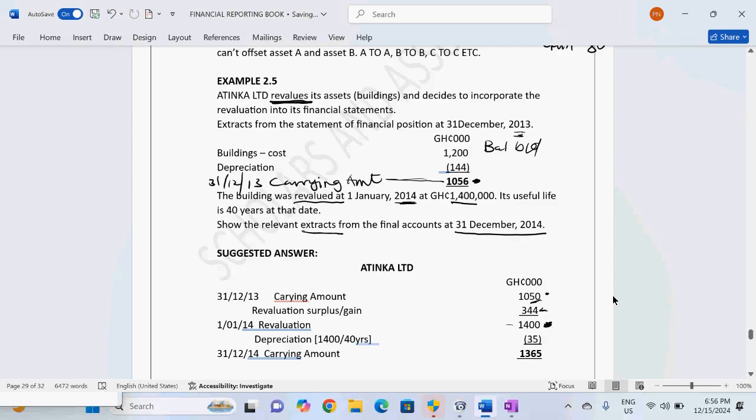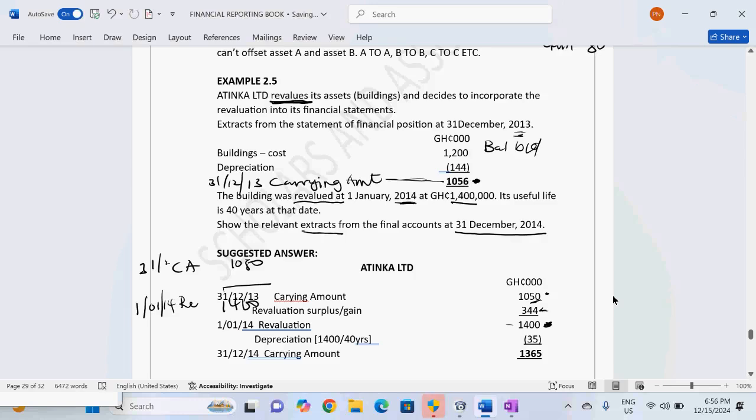So we write 31st December carrying amount 1,056. Then when was the revaluation done? Revaluation was done on 1st January 2014, giving us 1,400.